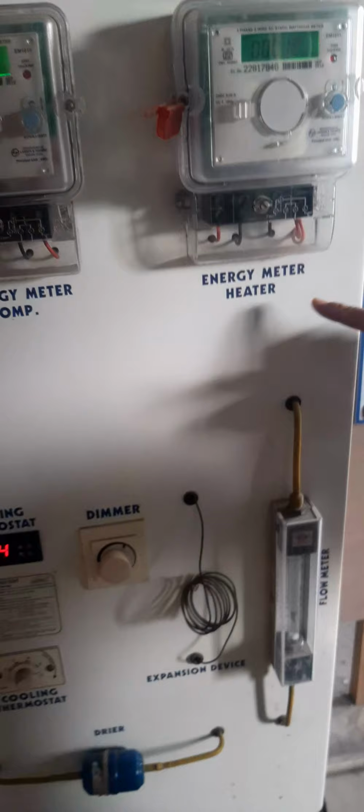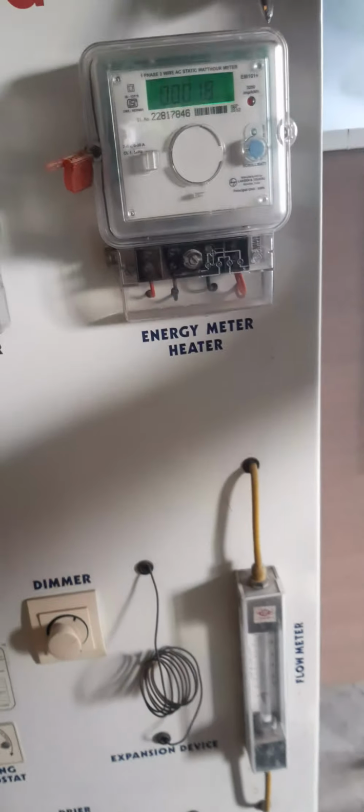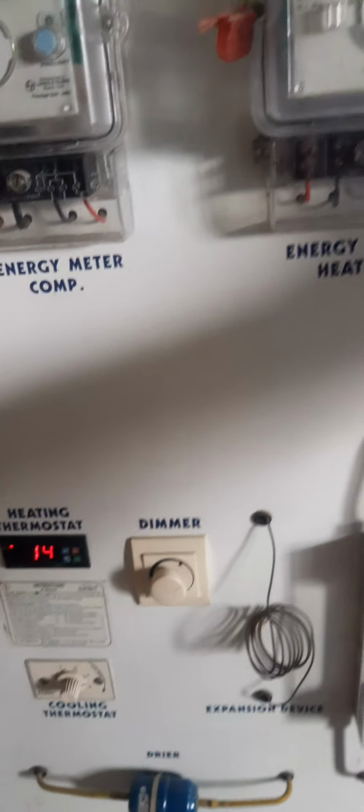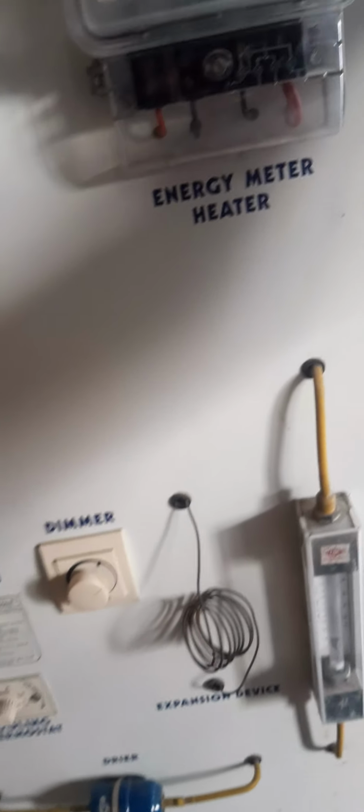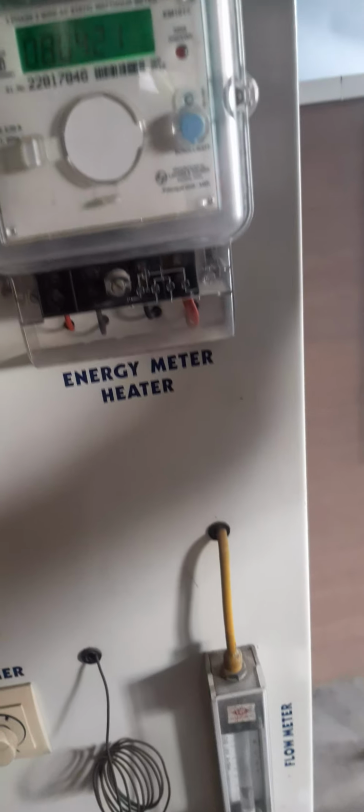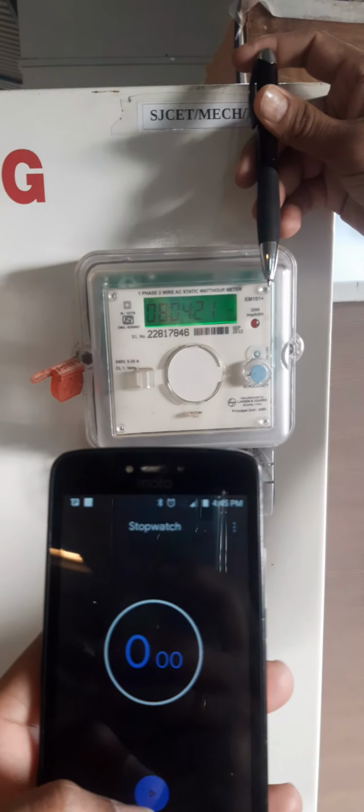Also for the heater we can calculate the time with the stopwatch. Just a minute.